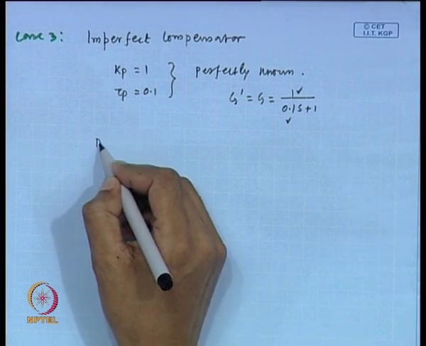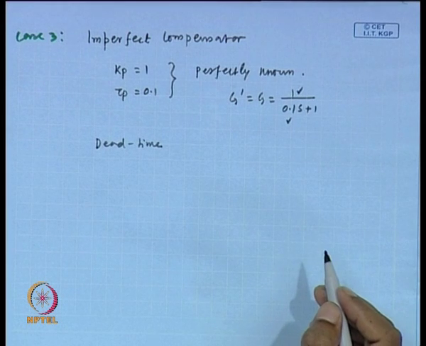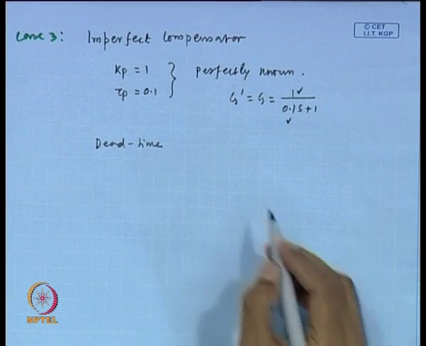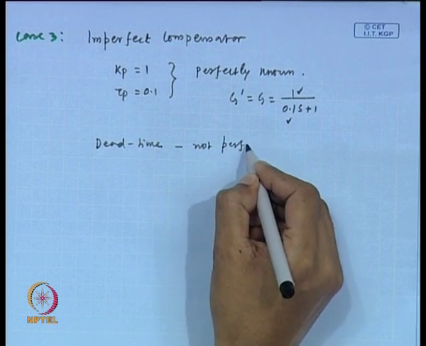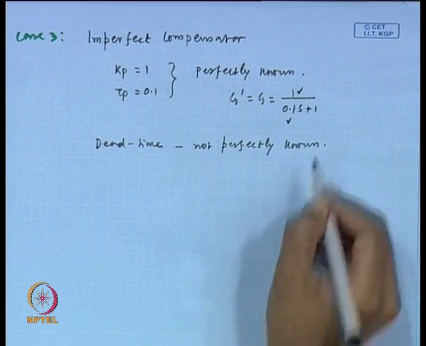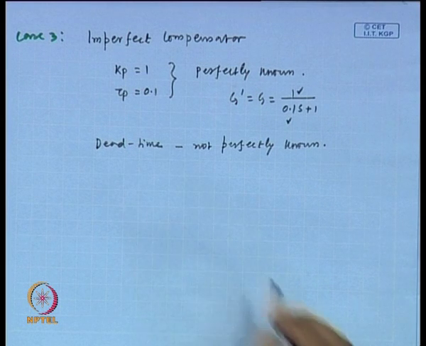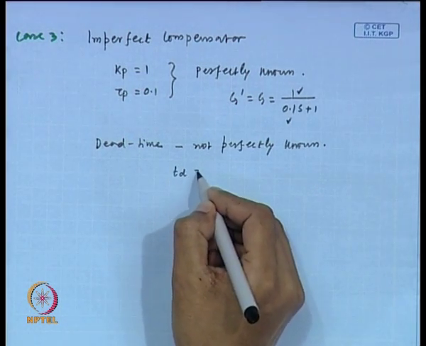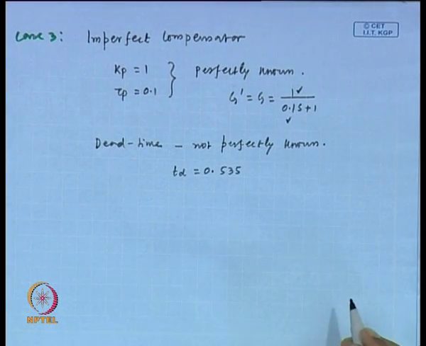The dead time is not perfectly known to us. True value of this dead time is 0.535.